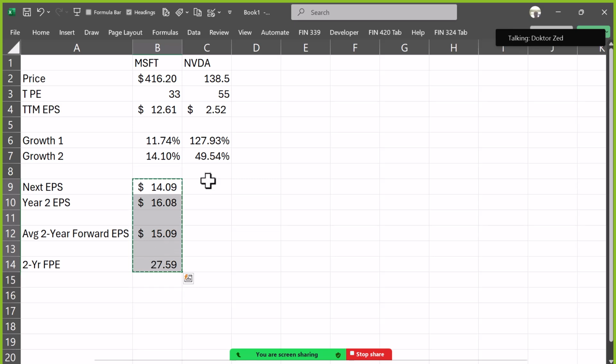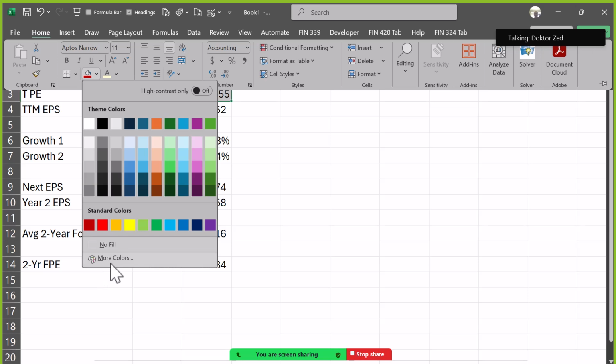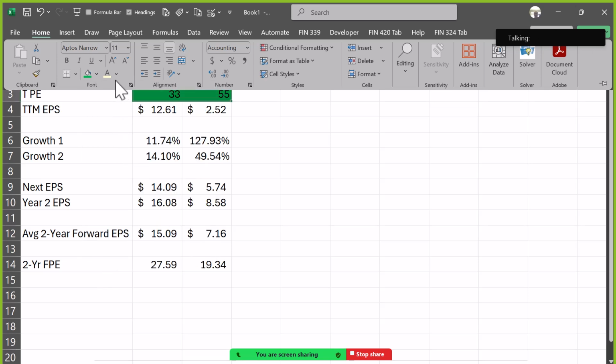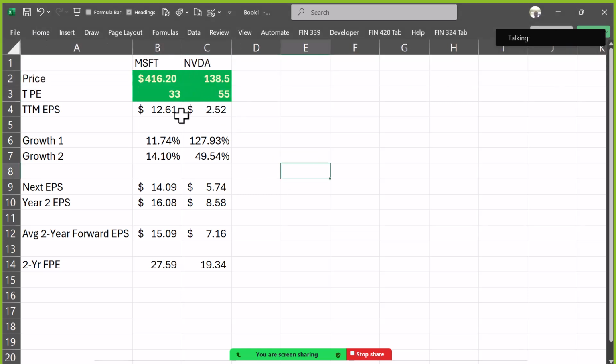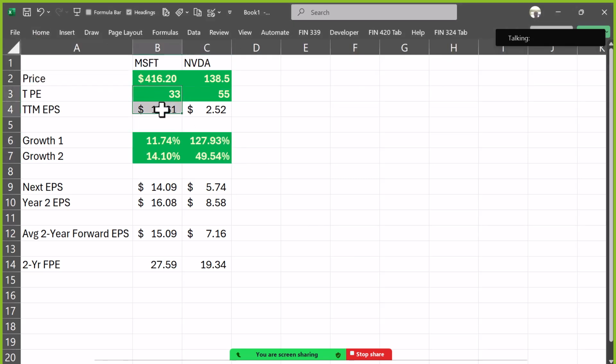Copy and paste. These are my inputs. You know what color they are. If you don't know, you haven't been watching my lectures. These are calculated numbers.